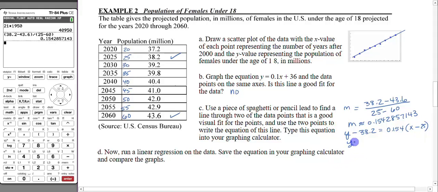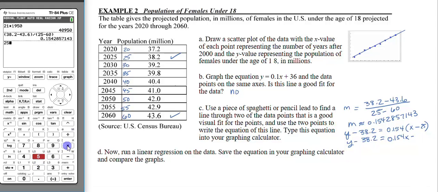So y minus 38.2 equals 0.154x minus, I've got 25 times that slope number, and I get 3.857.